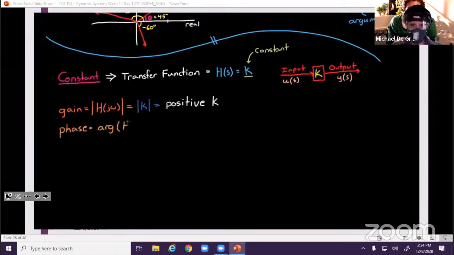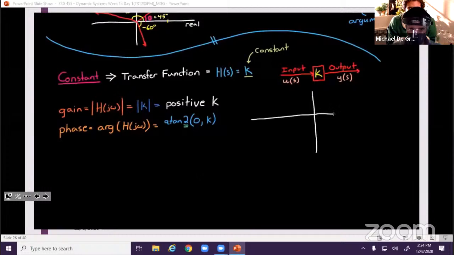And the phase, which is the argument of H(jω), is equal to the arctangent 2 of the imaginary part, which in our case is 0, and the real part, which is k. And again, k can be either positive or negative. And that's why we're using arctangent 2 to keep track of the sign. Let me explain it this way.